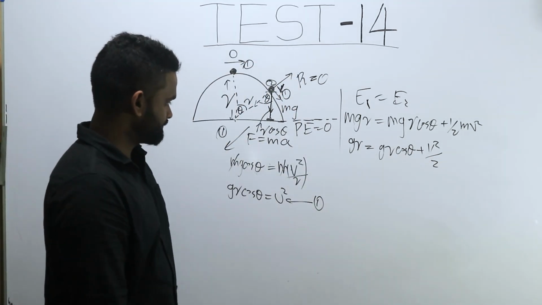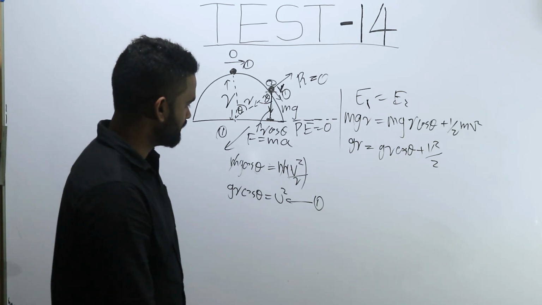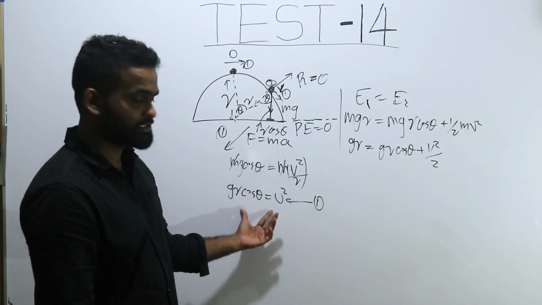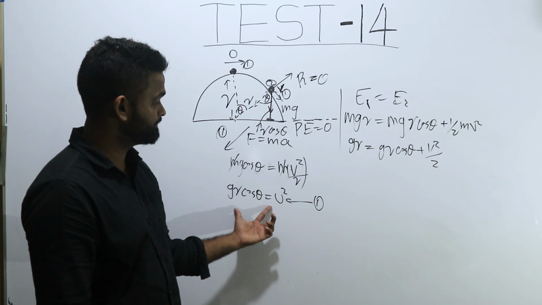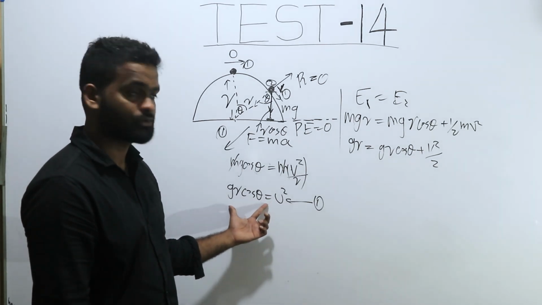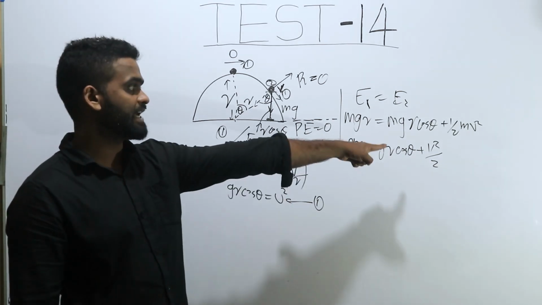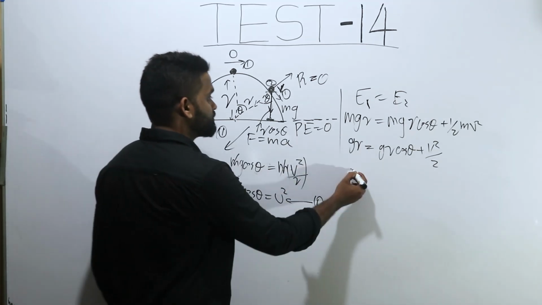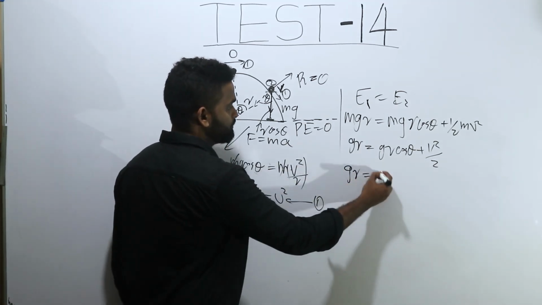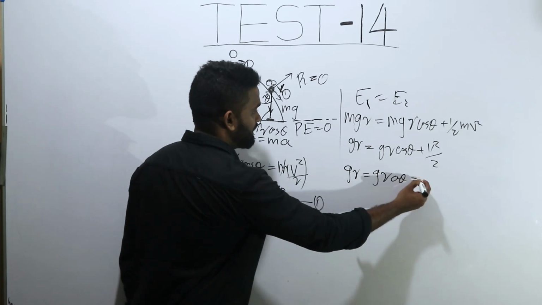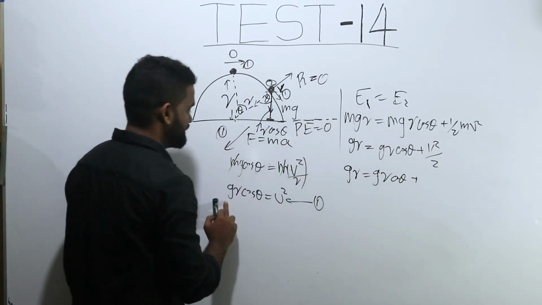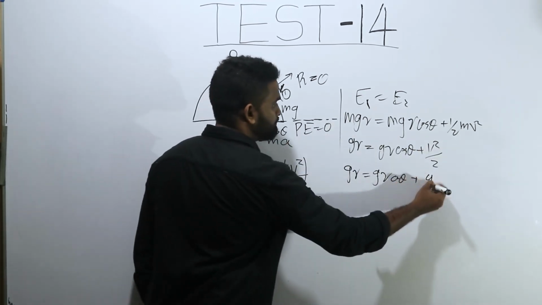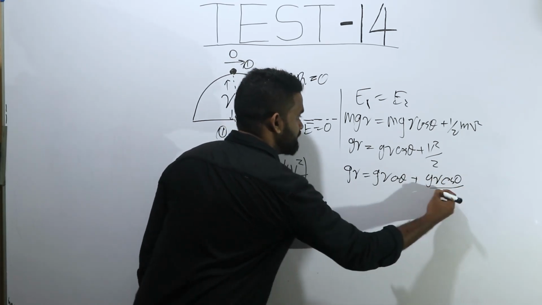Okay. Then we have an expression for v squared, right? Here. So I'll just substitute that for v squared. So gr equals gr cos theta plus gr cos theta divided by 2.